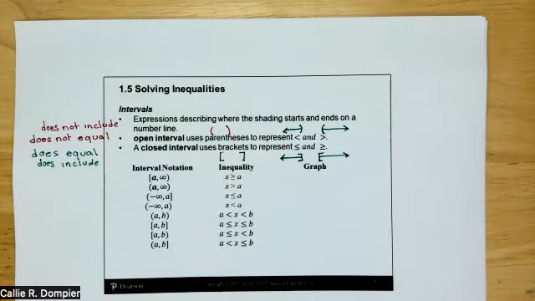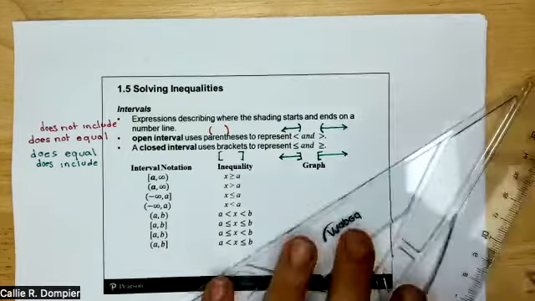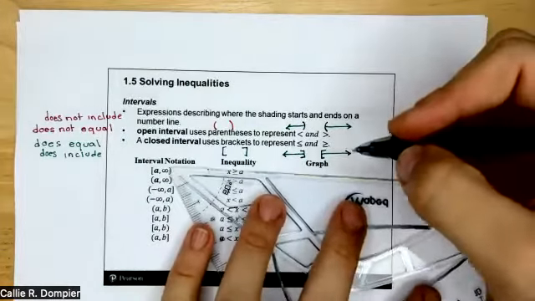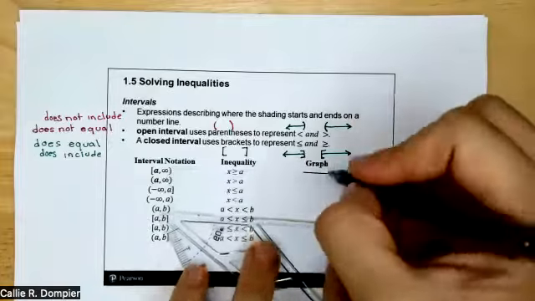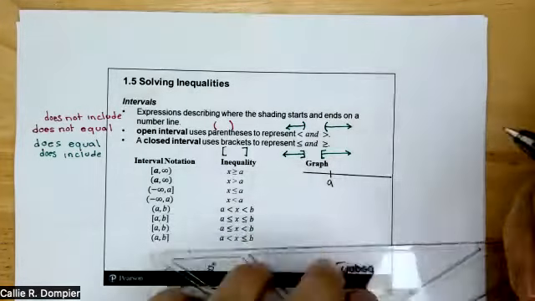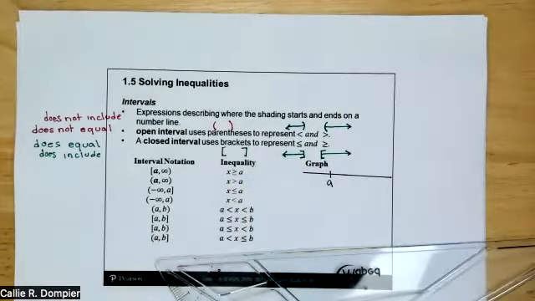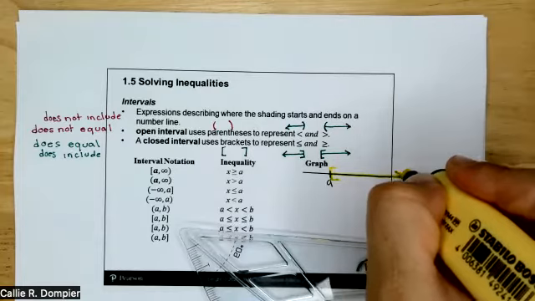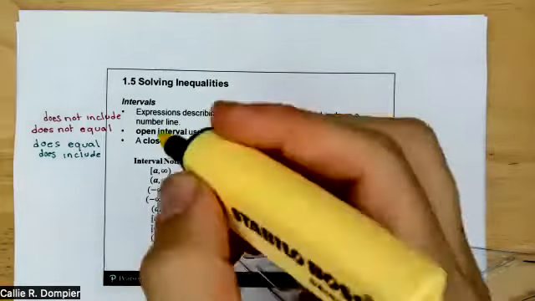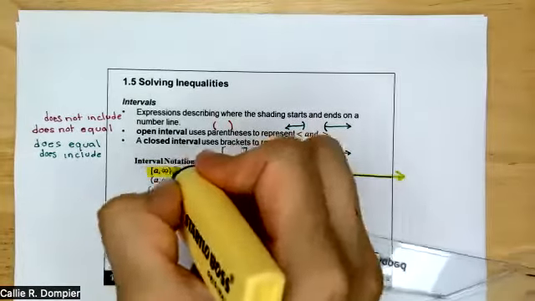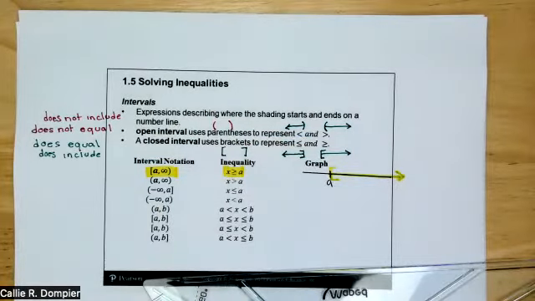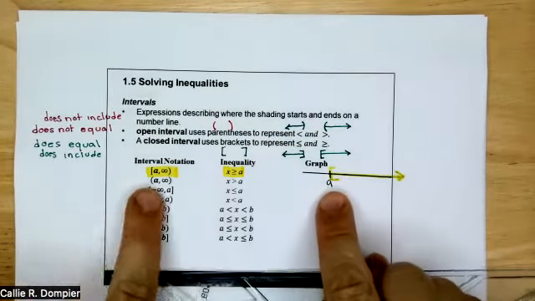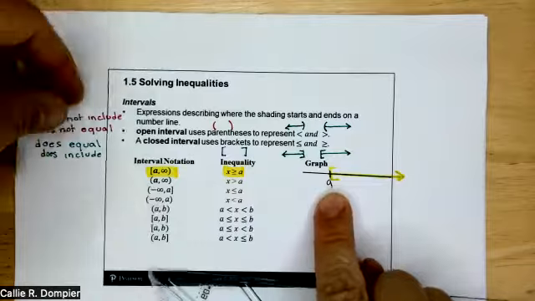Any questions? I think we've seen this before, right? If I had to graph that, obviously we're going to start at A, greater than or equal to. Because of that equal to, it's a bracket and it's going in that direction. The bracket on your graph is the exact same as the bracket on your notation.